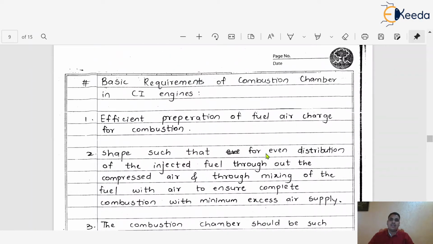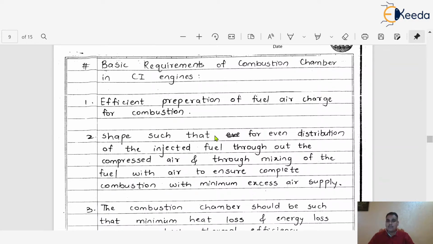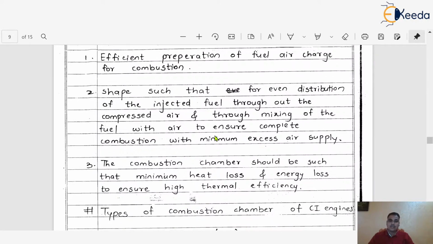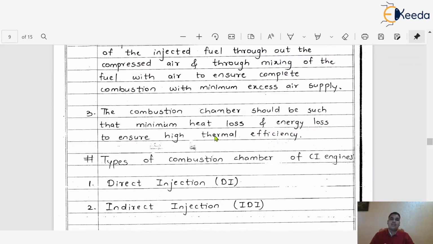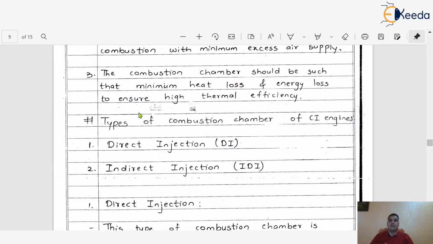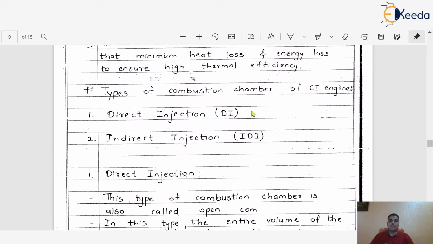All these things come under the basic requirements of the combustion chamber in CI engines. The combustion chamber which fulfills all the requirements is called a good combustion chamber of a CI engine.